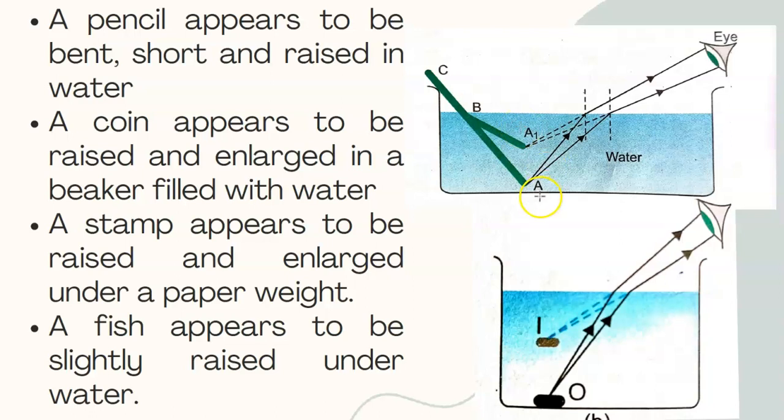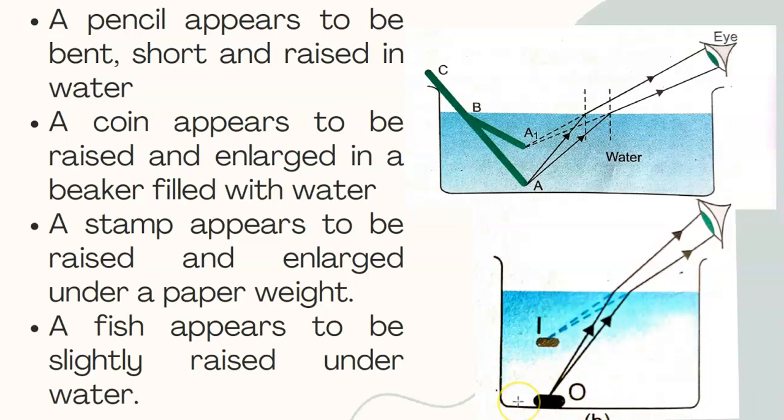So the difference between real depth and apparent depth is that real depth is the actual depth, while apparent depth is the depth that we are able to observe. It is the image that we are able to observe just because of refraction of light taking place. Similarly, in the case of a coin, the coin is actually placed at point O. O is given for the object.